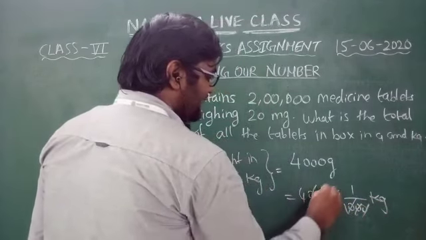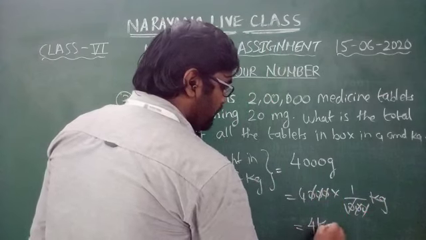So these 3 zeros will get cancelled. You will get the answer as 4 kg.